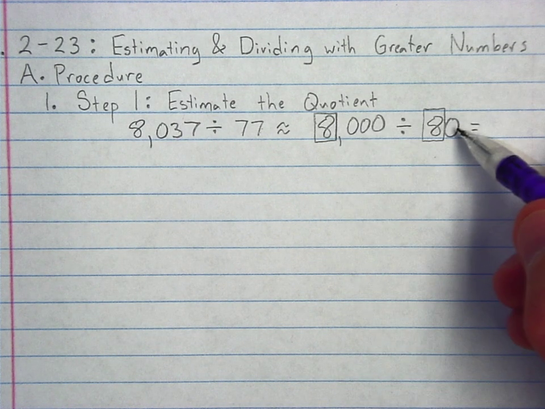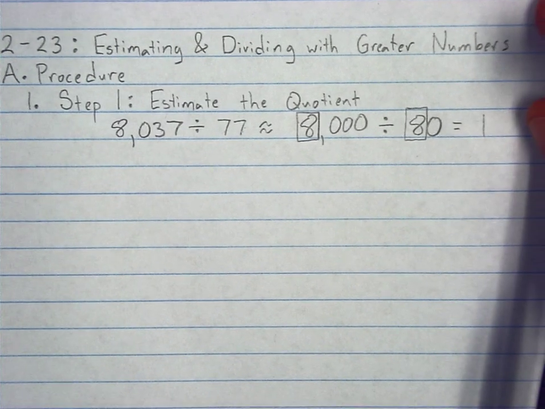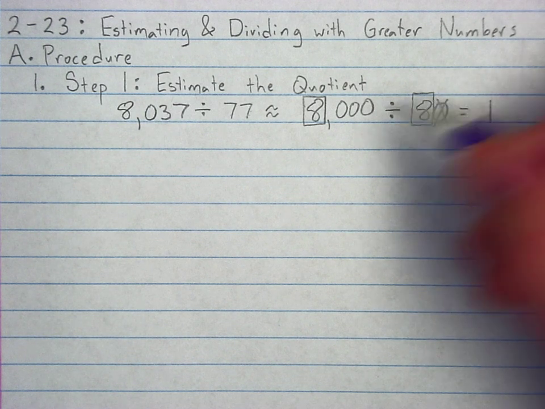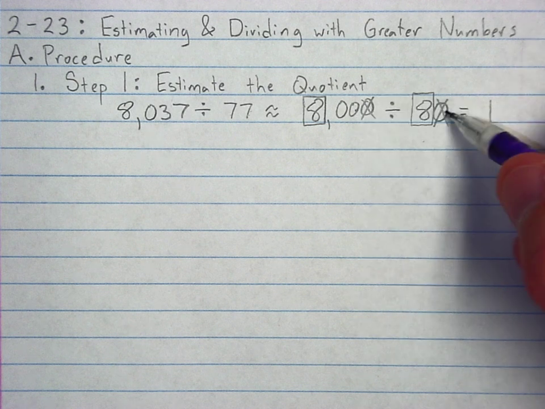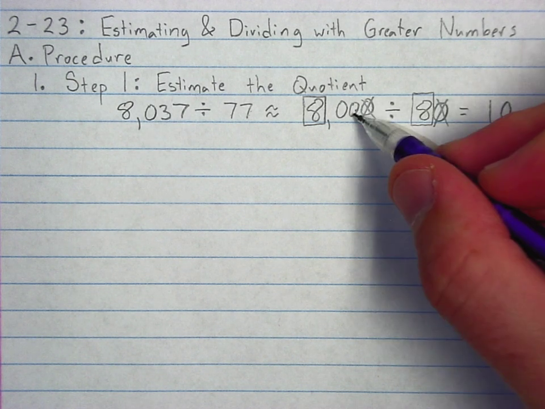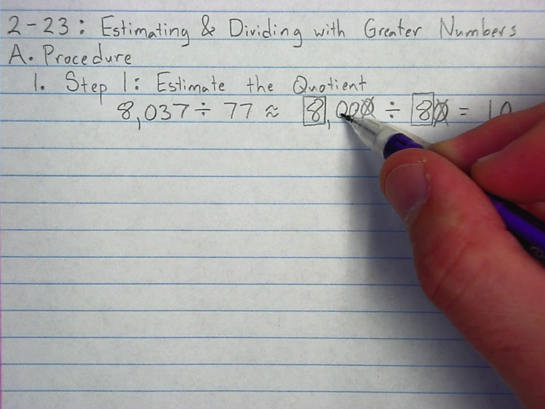8 divided by 8 is 1. Then I take a look at my zeros and I make some pairs. Okay, 0 in the ones place, 0 in the ones place. 0 in the tens place, no more zeros. So the 2 that remain, I cannot pair these up. This is a 0 in the tens place, this is a 0 in the hundreds.